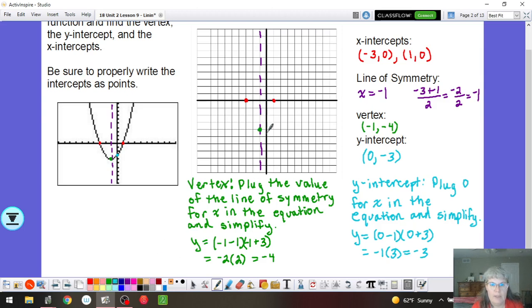And we have a y-intercept at (0, -3). And because a parabola is symmetrical, I could plot another point at (2, -3). And then we can graph our parabola, keeping in mind that parabolas are curves, so it's not a sharp V at the bottom. You want to make sure that it is rounded as you pass through the vertex.